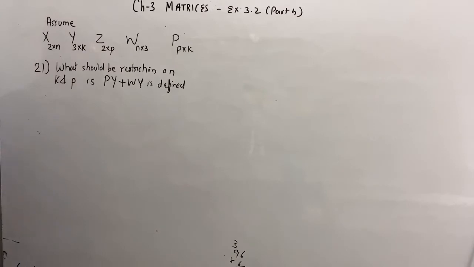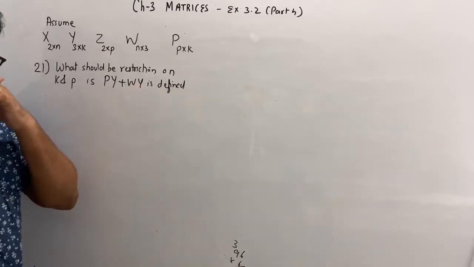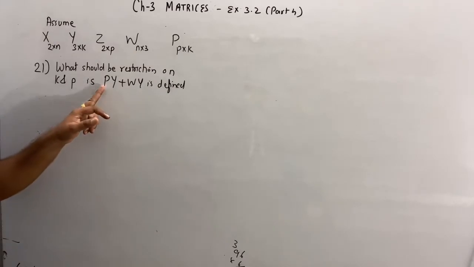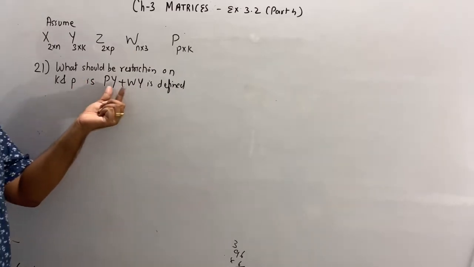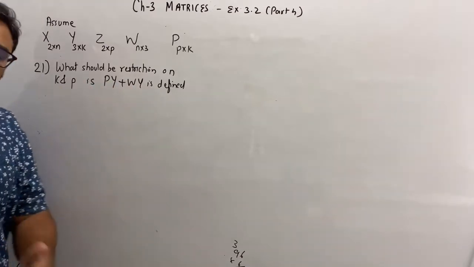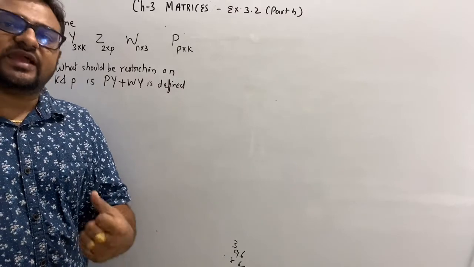Okay, clear? Means what should be the value of K and P, or for what value of K and P, PY plus WY defined. That means you can multiply P with Y, you can multiply W with Y, and you can add PY and WY. You know that there are some conditions for multiplication of matrix and addition of matrix.